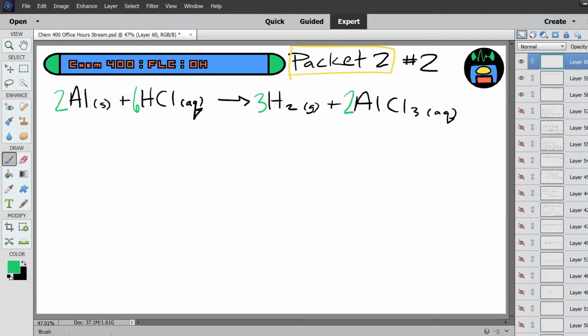And then Tatiana, specifically, your question is on part B. Determine the molarity. So first, let me write out what we're given. We're given that we have 15.0 grams of solid aluminum. We're given that we have a 1.5 molar solution of HCl, and that we use 75.00 milliliters of it.